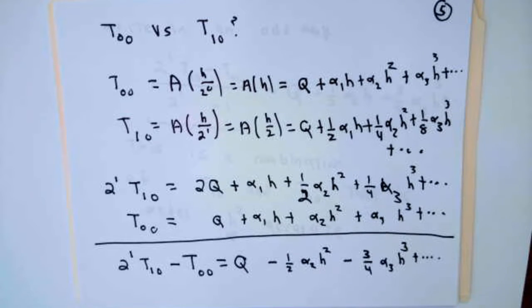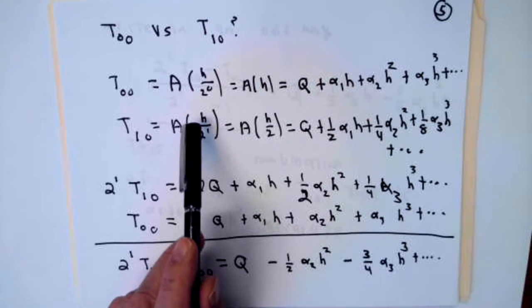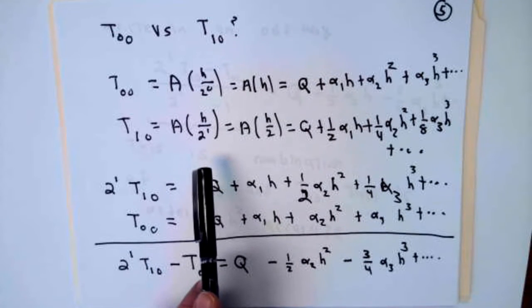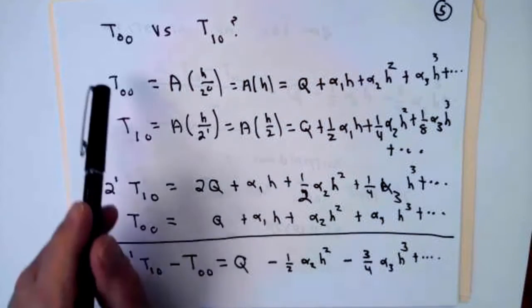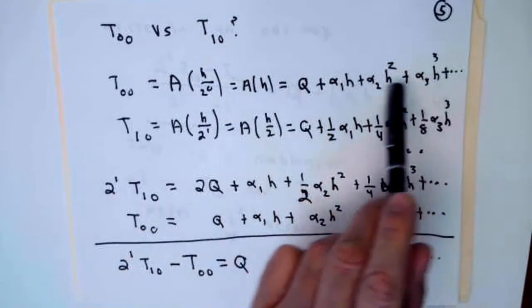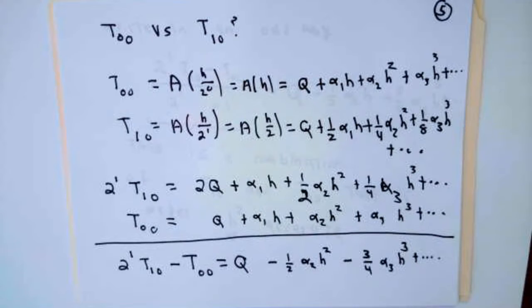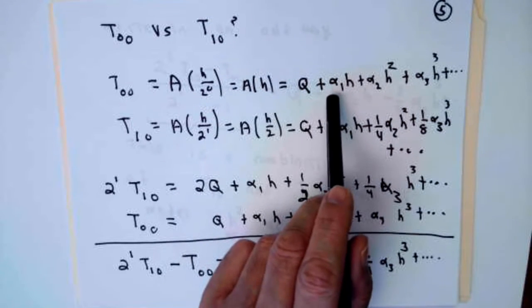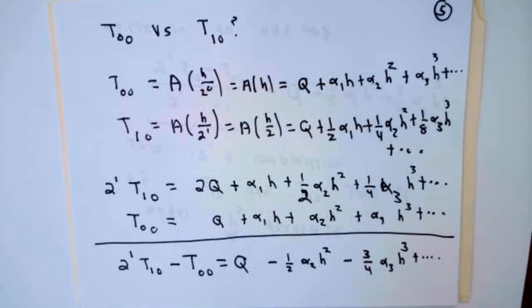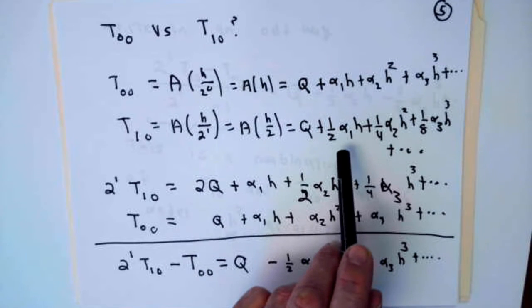T10 is the approximation based on h over 2 to the 1 power. I'm not going to do anything mysterious here. I'm going to take this formula for T00, and every place where I see the letter h, I'm going to write down h over 2 instead. So instead of alpha 1 times h, I would have alpha 1 times h over 2, which I'll write this way.